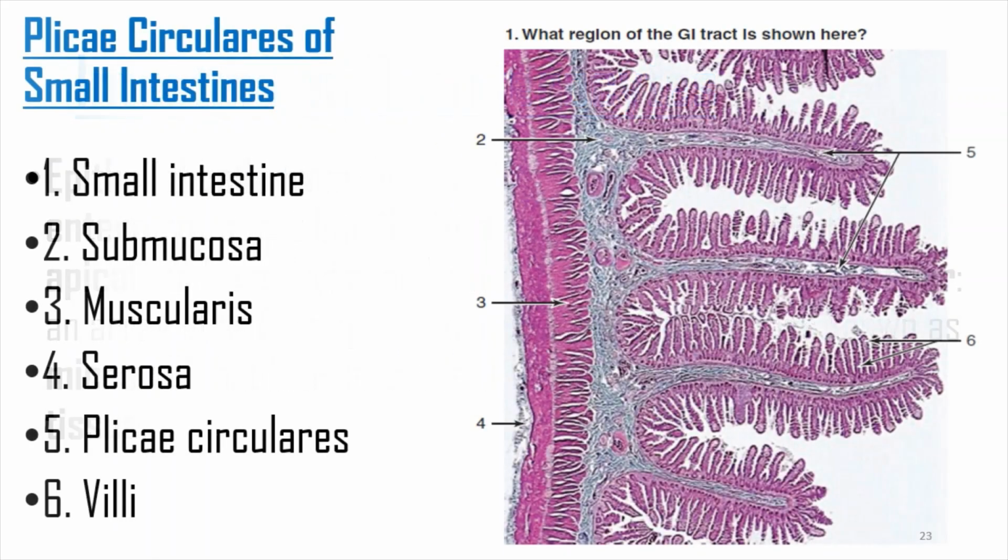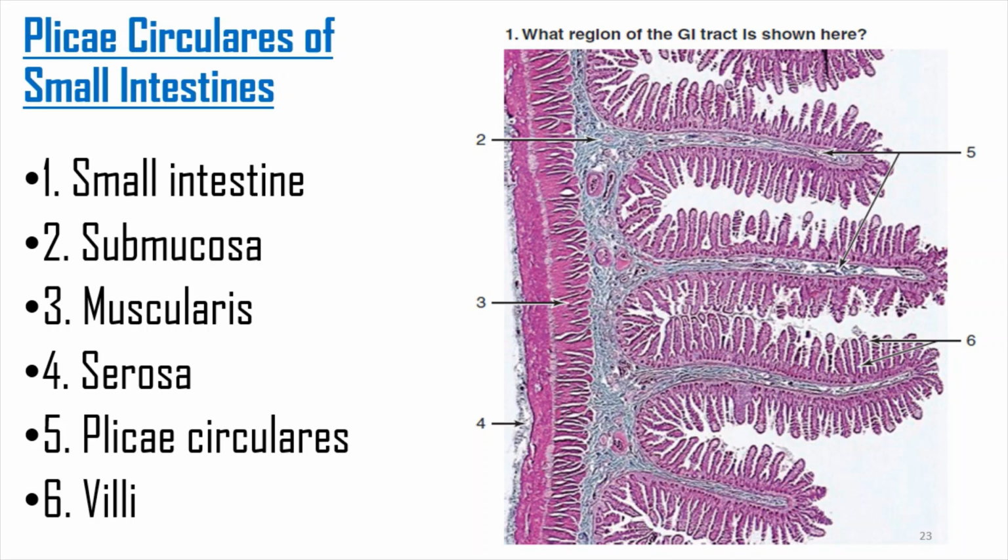So these are what we call villi. This is the submucosa. This whole thing here is the small intestine.